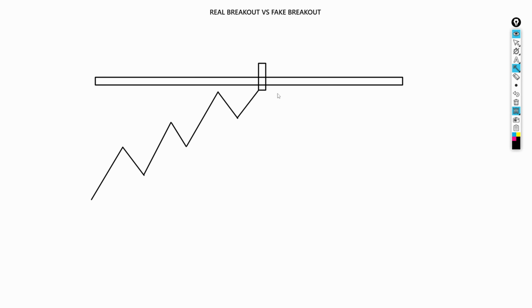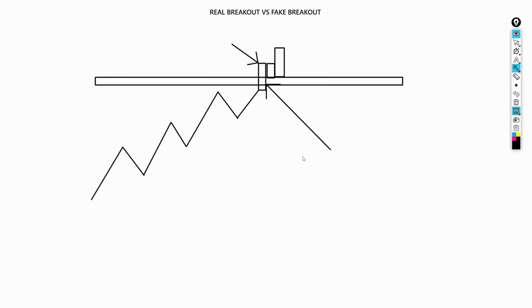Now, once you know that this is a real break, what you will do, you will wait for the price to go down, and then you will wait for the break from this particular high. Once you have a break, now this particular break was a confirmed breakout. It was caused because of the real buying pressure and it's not a trap. So that is how you can spot a real break.